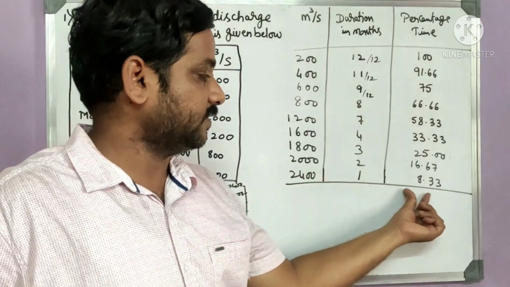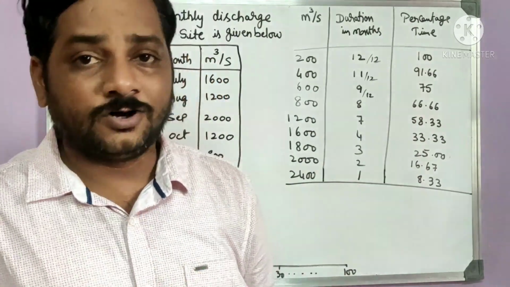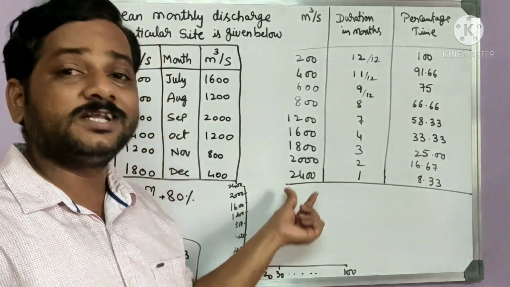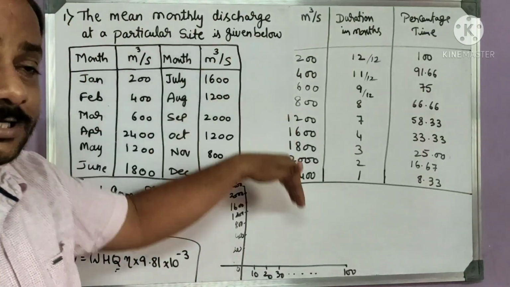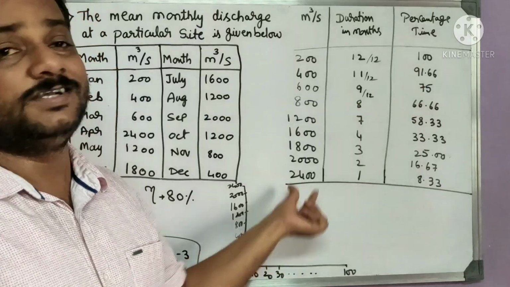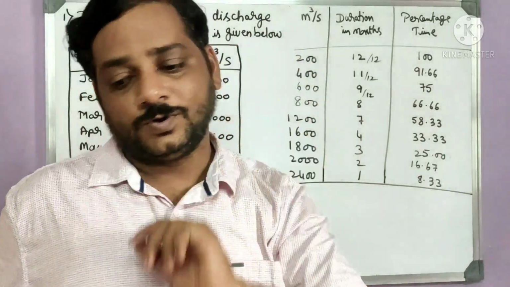Now first you plot this one. So flow duration curve is nothing but a descending order. What is the maximum flow here? 2400. Now plot it in a reverse direction. I have written the table in ascending order, but the graph has to be drawn in descending order. So first I should plot 2400 and last I have to plot 200.